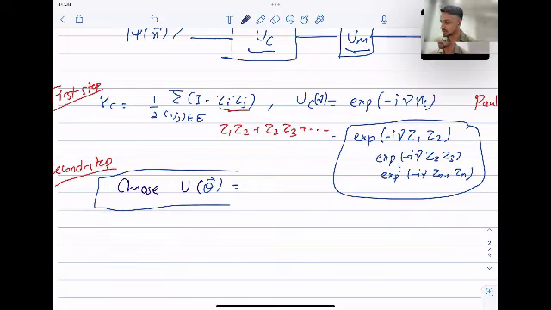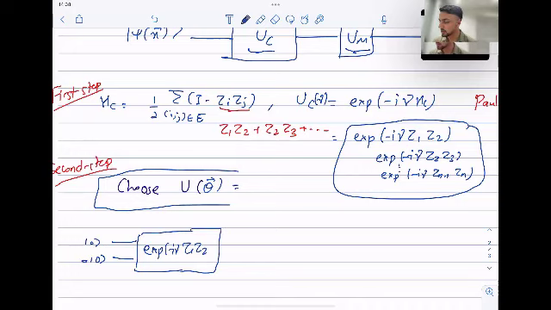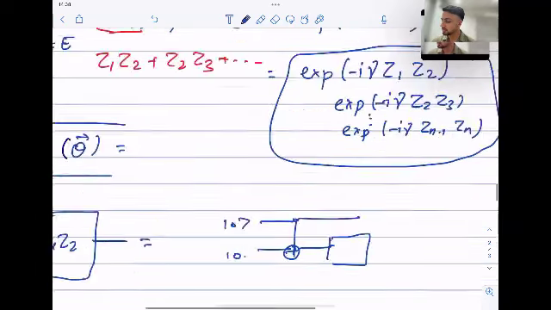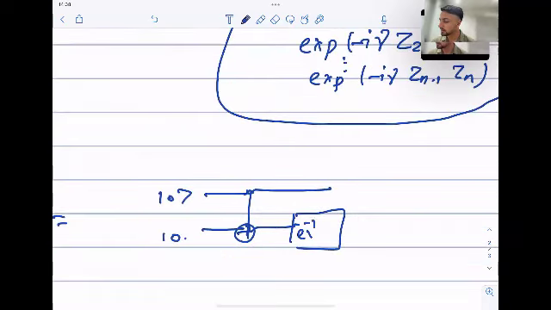Let's just focus on a 2 qubit system, and let's say you wanted to apply this gate, gamma Z1, Z2. Then I can tell you that this is simply done by doing a CNOT, then exponent of i gamma Z, and then a CNOT.